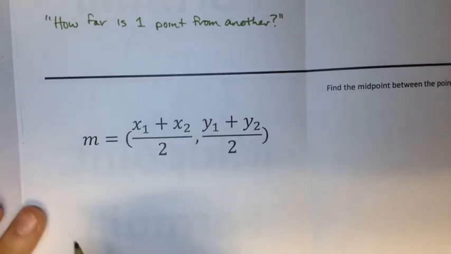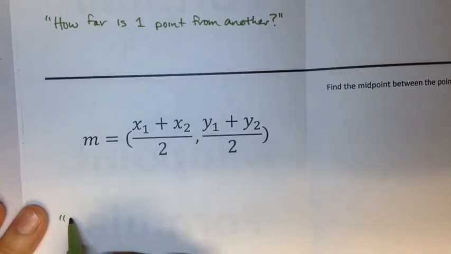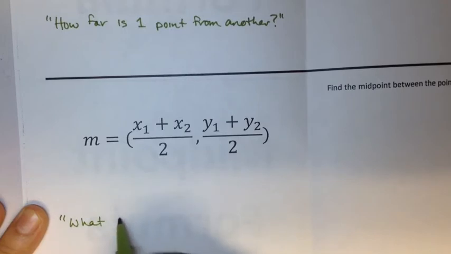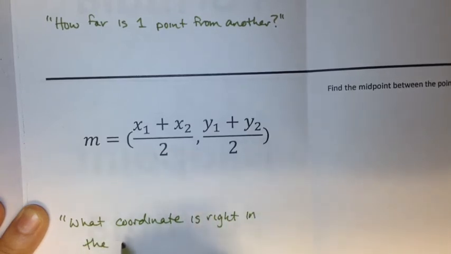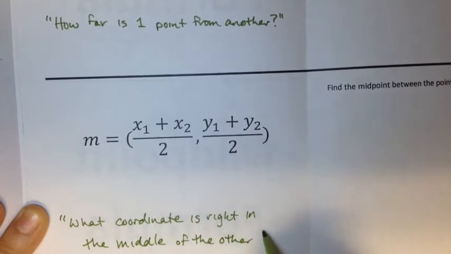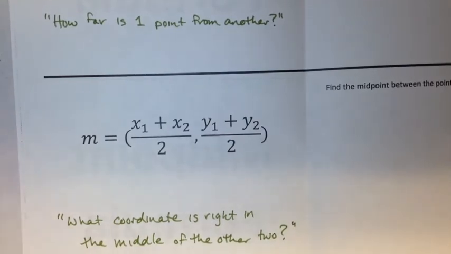So the question they might ask you for this is, what coordinate, this time it's not a distance, what coordinate is right in the middle of the other two? They might ask you that question.